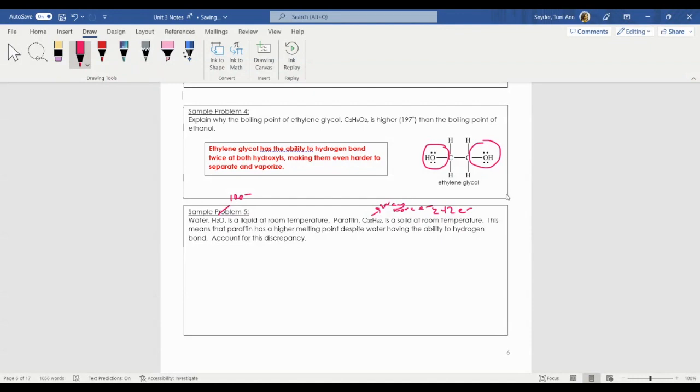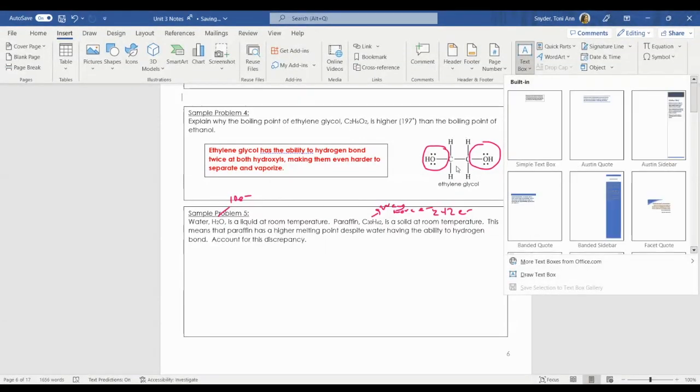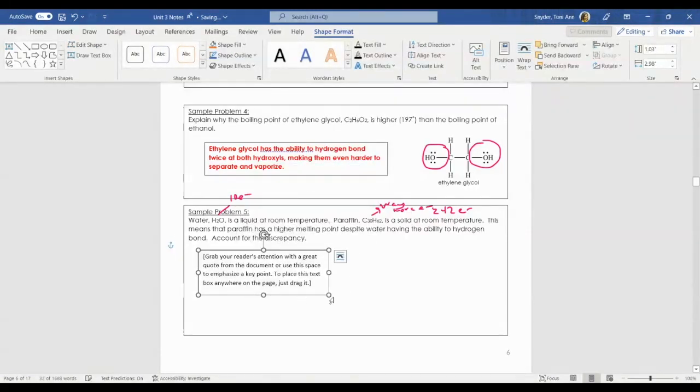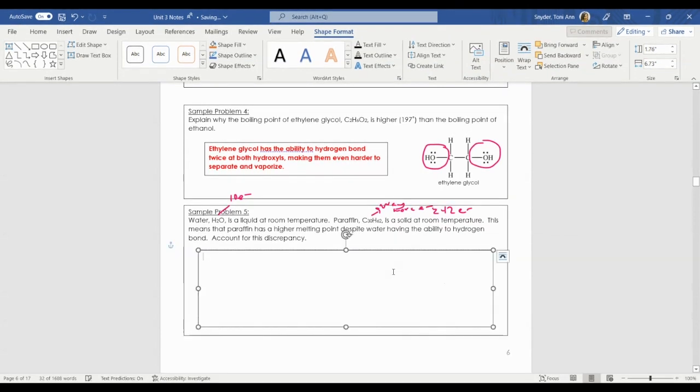Why is paraffin a solid even though it's nonpolar and it only exhibits those London dispersion intermolecular forces of attraction? So let's go ahead and add a text box here. But those London dispersion forces start to get pretty strong when there's a lot of them, because paraffin has so many electrons. It's kind of hard to break it down even more than that.